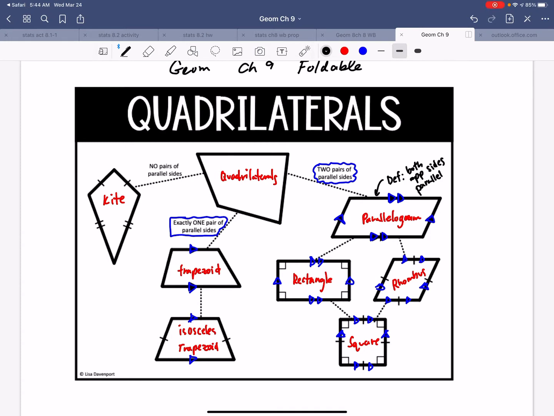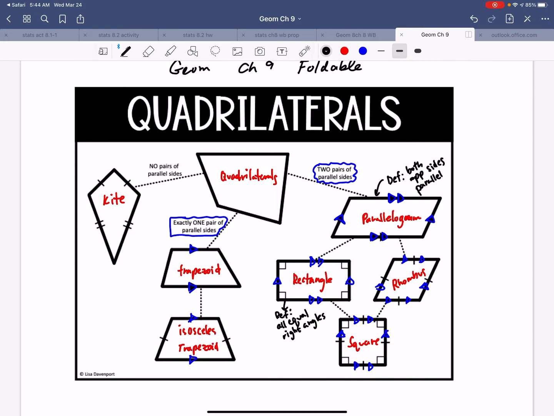The definition of a rectangle is all equal right angles. Right? And so even though the square has all right angles, it's because it's the descendant of the rectangle, right? It takes on those properties.